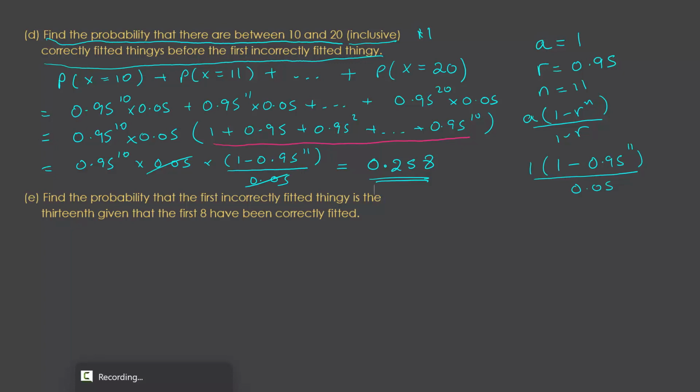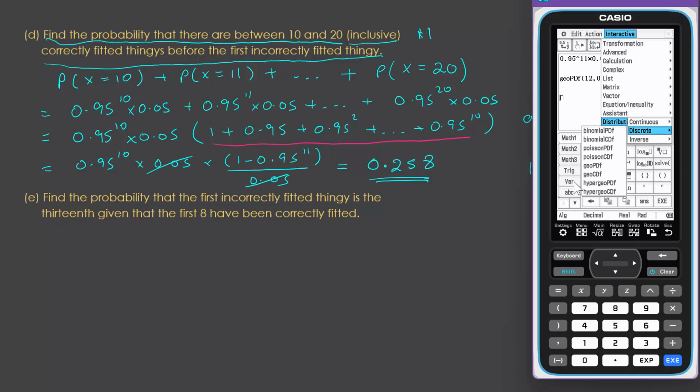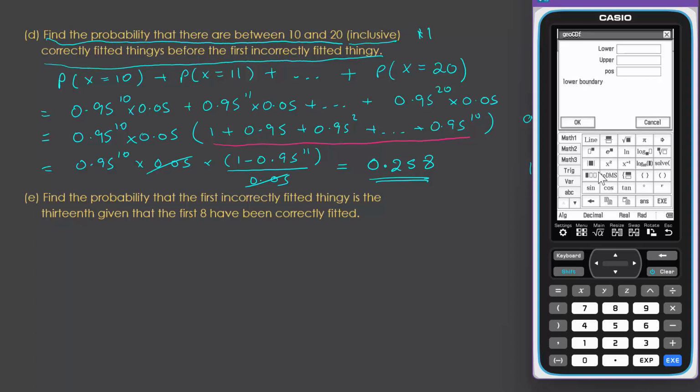Now, of course, we can do this on the ClassPad. So let's just have a quick look at how that would work. What we would have is discrete distribution, and it would be a GeoCDF this time. Now, we were looking at it being 10 to 20.